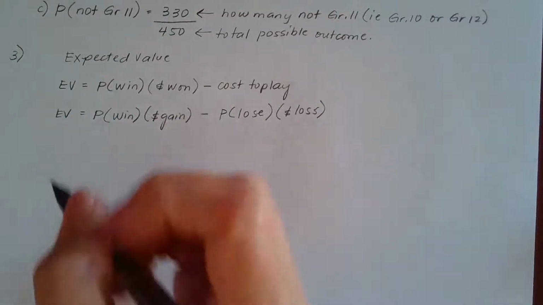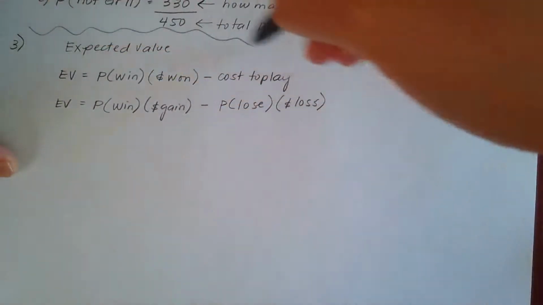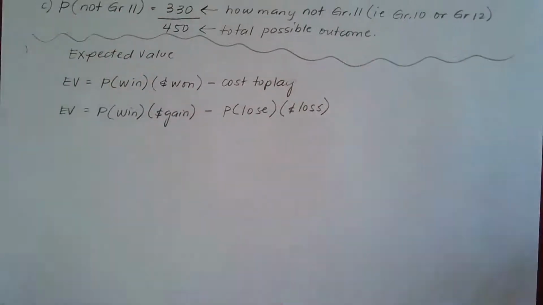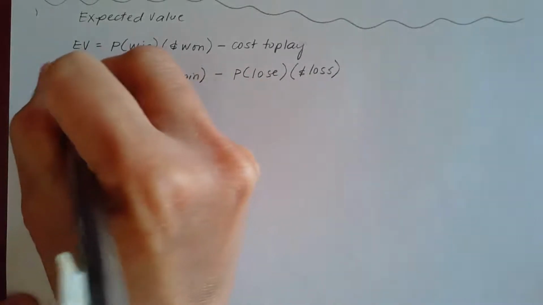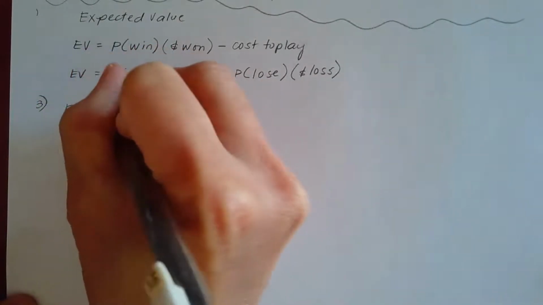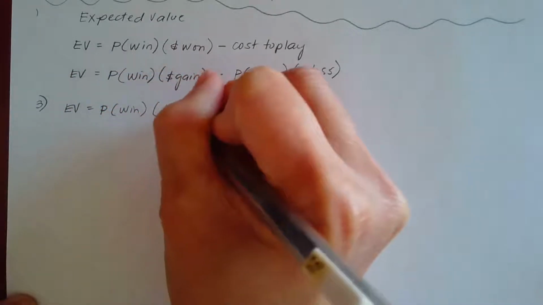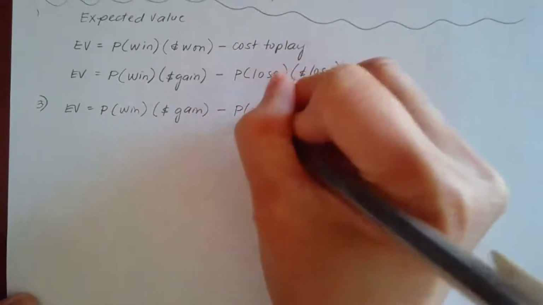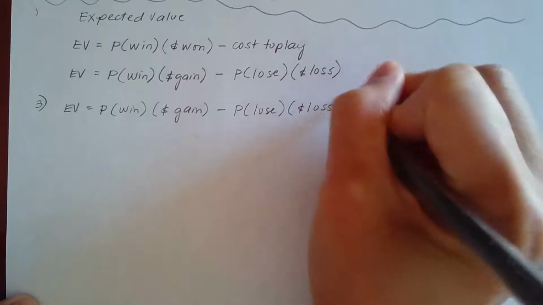So for number 3, bring it down there. We're going to use this formula over here. Expected value is equal to probability of win times how much am I going to gain, the net gain, minus probability of lose times how much did I lose.